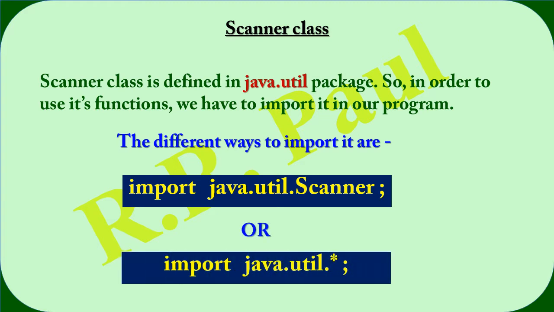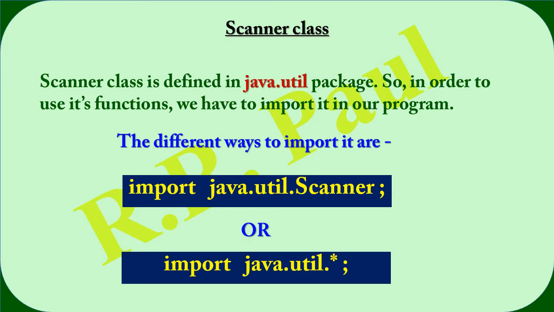Or we can do one more thing. We can write down the statement like this: import java.util.*. You see, asterisk is a wildcard character and it can be used in place of multiple classes. So asterisk here means we are importing all the classes of the java.util package, including the Scanner class.